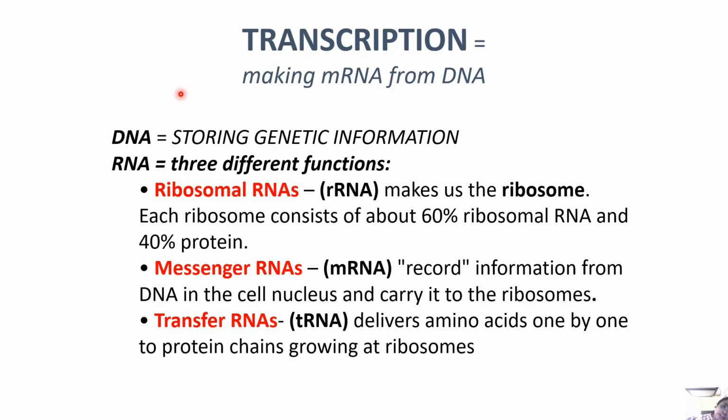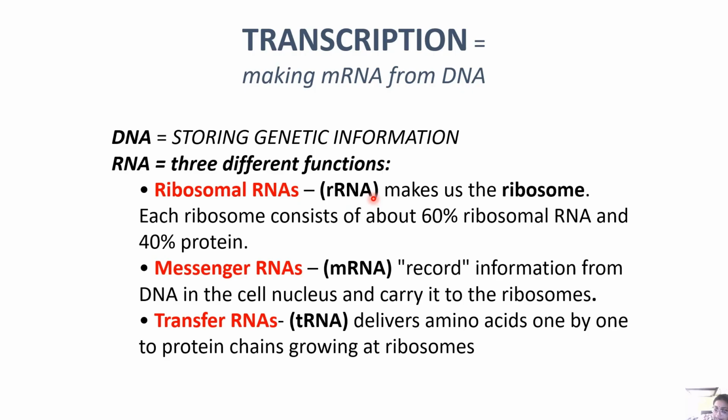Then we have the process of transcription, which is making RNA from DNA. DNA is the stable nucleic acid that stores genetic information. RNA has three different types with different functions. Ribosomal RNA makes the ribosome; each ribosome consists of about 60% ribosomal RNA and 40% protein.